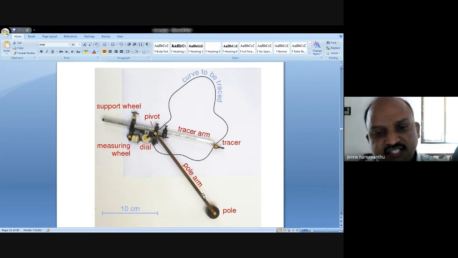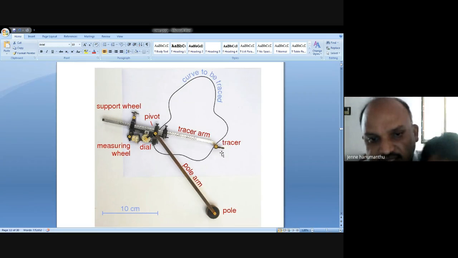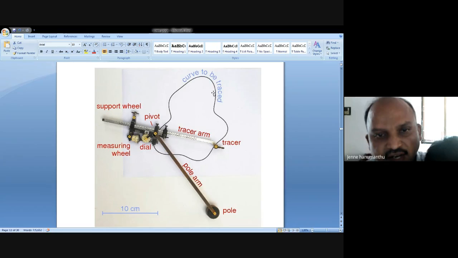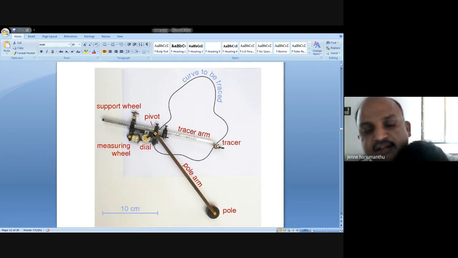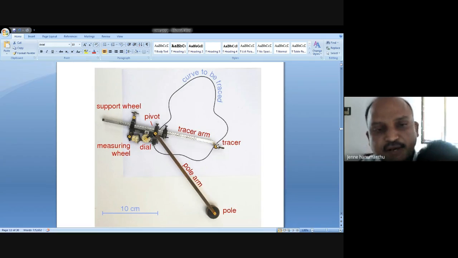When you fix the anchor arm at one place, this point will move along the solid line like this. This tracer arm will move along the solid line like this, and return to the same point.